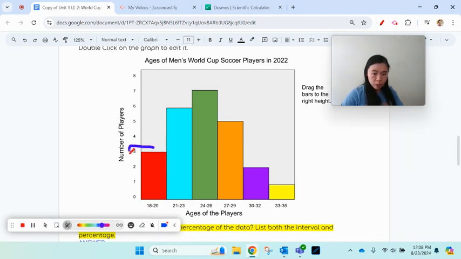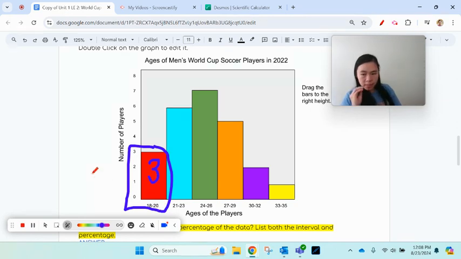Okay, looking at this bar right here, I know 3 players are between 18 and 20, but does it tell me exactly their age? Are they all 18? Are they all 20? Is one 18, one 19, and one 20? Are 2 players 18 and 1 person's 19?